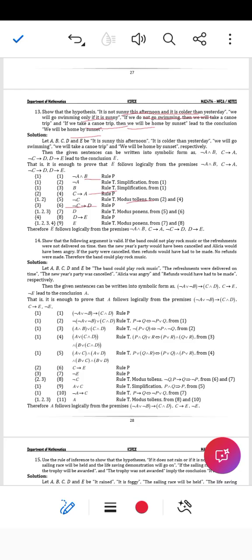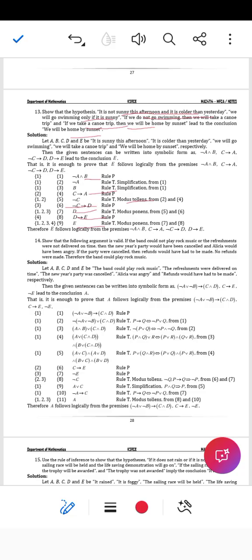Now comparing step 2 and step 4 using the modus tollens rule, that is P, P implies Q, negation Q implies negation P, so we get negation C in the fifth step using rule T. We introduce another premise, negation C implies D, in step 6 using rule P. Comparing the fifth and sixth steps using the modus ponens rule, we get D. Then we introduce the final premise D implies E in step 8 using rule P. Comparing step 7 and 8, we get E, again using modus ponens.